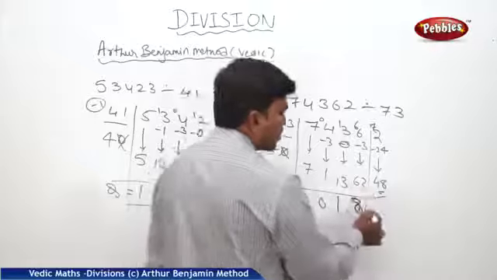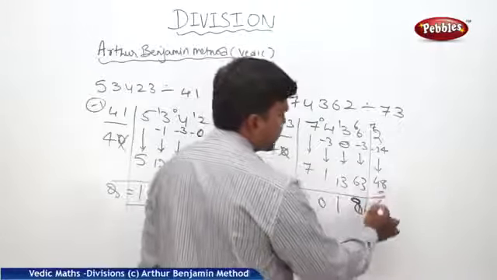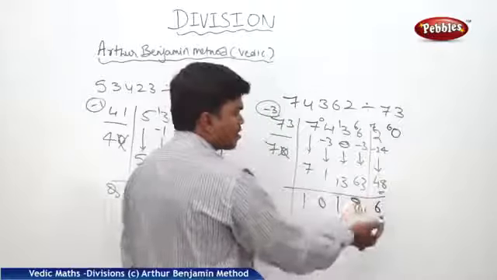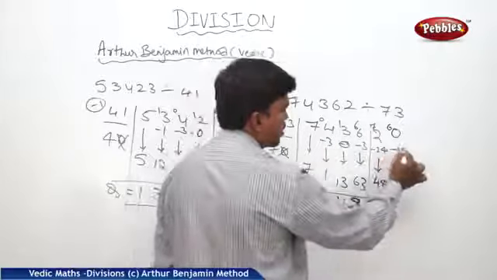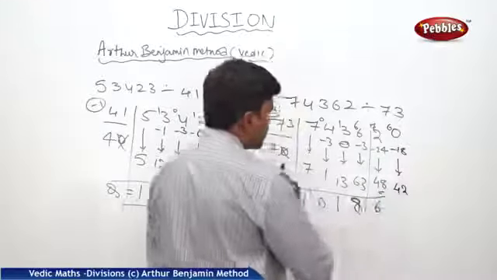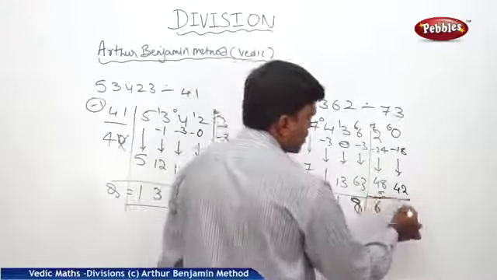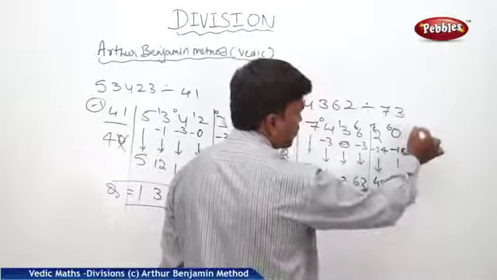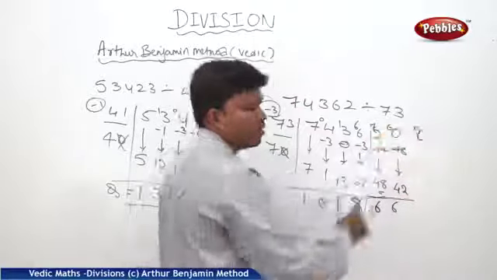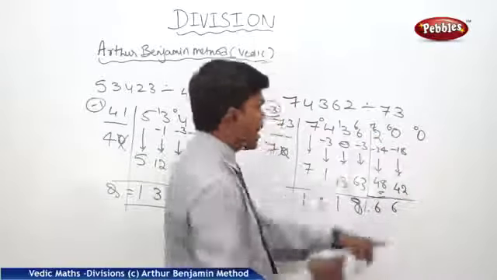Now 48, put a decimal point. How many times it goes? 7 6s are 42, remainder 6, or you can add a 0 after putting a decimal point. So 6 into minus 3, minus 18. So 6 minus 18 is how much? 42. So 7, how many times it goes? 6 times, remainder 0. Anyhow, one more 0. 6 into minus 3, possible? No, not possible. 0 minus 18 is not possible.